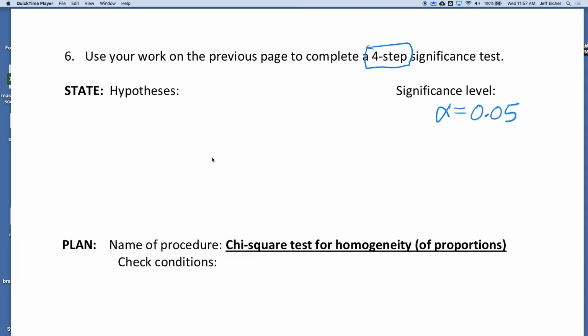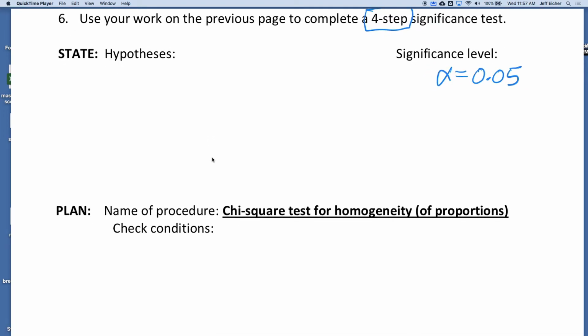The name of the procedure we're going to use is a chi-squared test for homogeneity. The prefix homo means the same. So we'd like to know, are these two distributions the same?